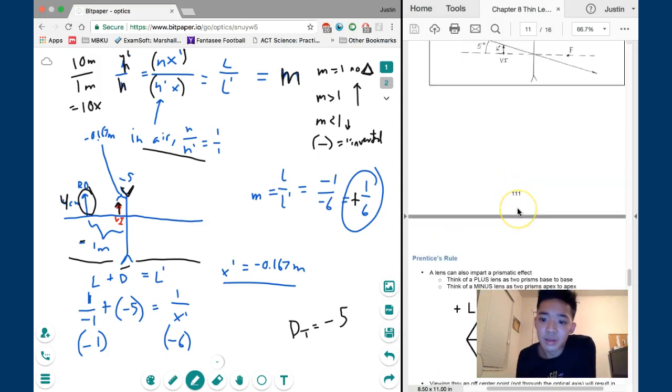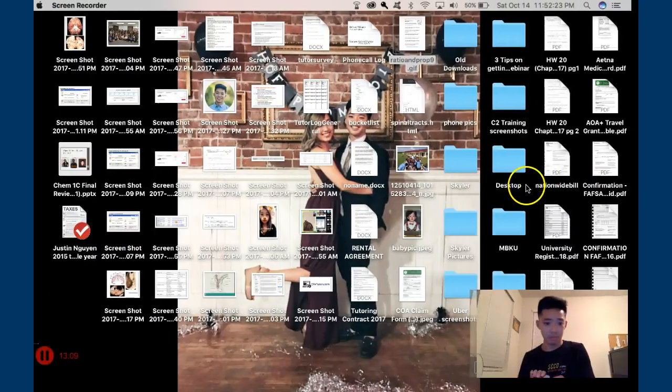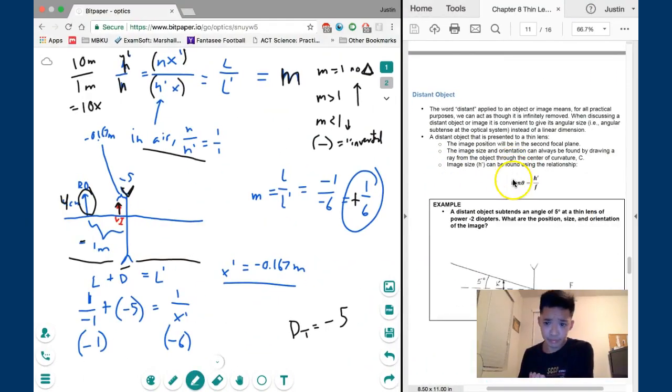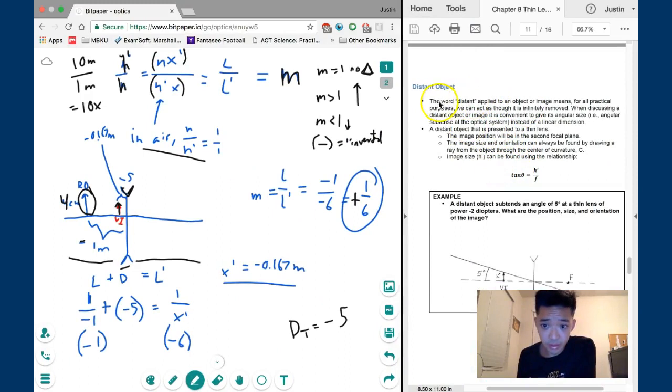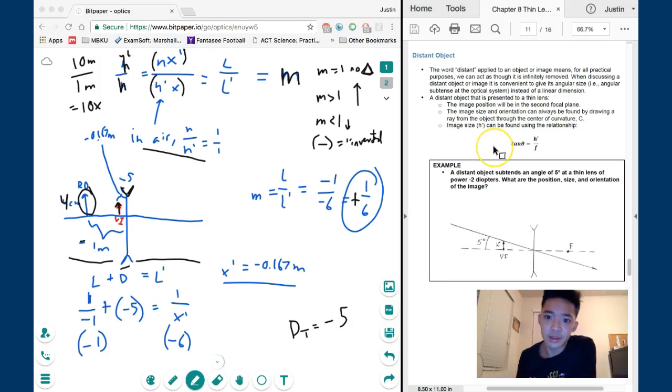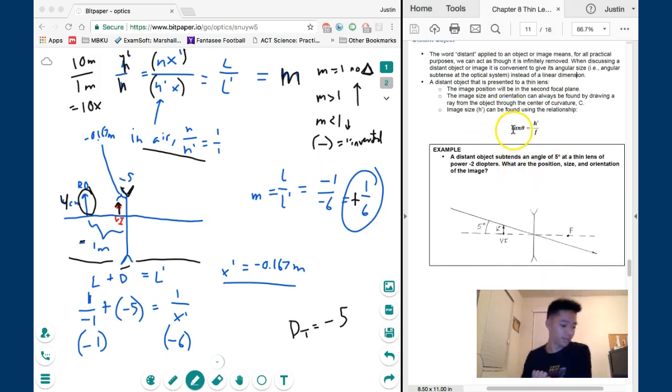Then the distant object. This verbiage is the same as the previous chapter. You have a distant object that is presented to a thin lens, so the idea is the same.